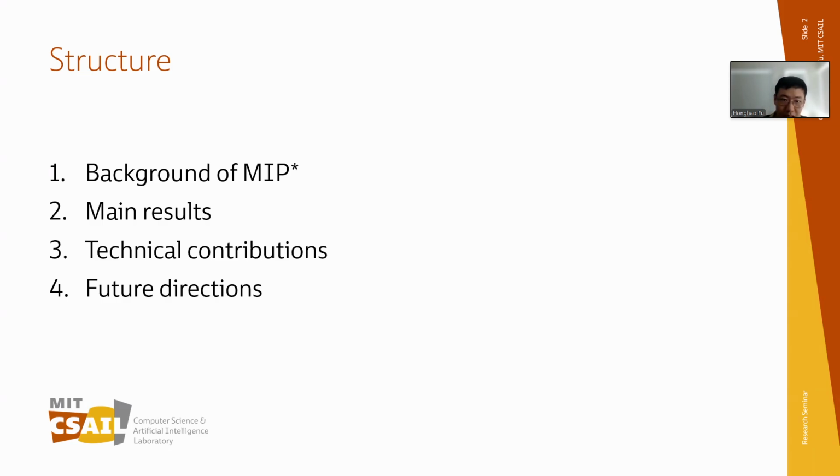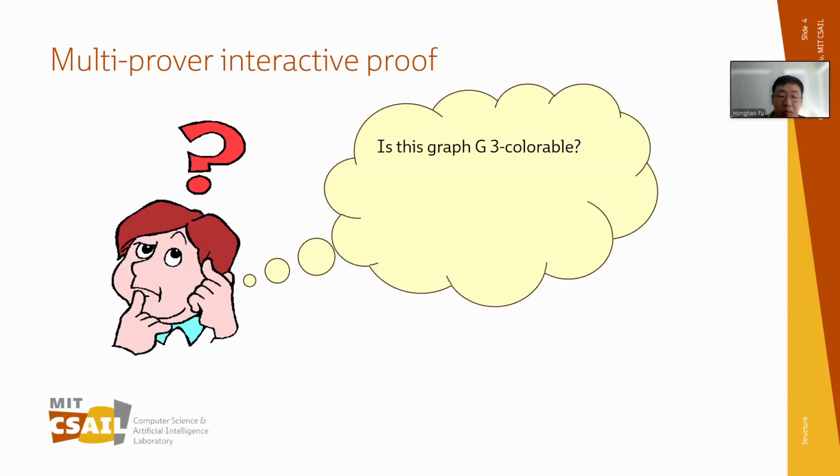Before I introduce MIP star, let's consider the classical multi-prover interactive proof system. To motivate this, let's consider the following scenario. Suppose we get a very big graph. We want to determine if this graph is three-colorable. And this is too big for me to check all the vertices. So what should I do?